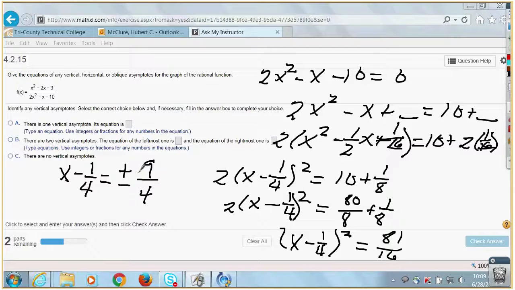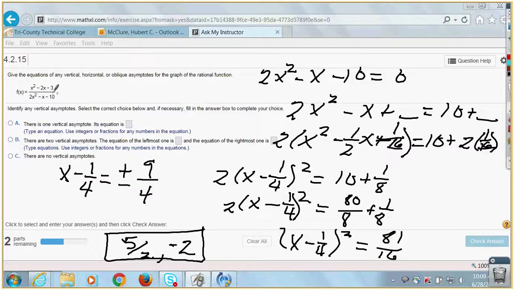Positive 9 plus 1 is 10, and 10 over 4 is 5/2. That's one x-intercept. And then negative 9 plus 1 is negative 8, and negative 8 divided by 4 is negative 2. And there's your two x-intercepts, I'm sorry, your vertical asymptotes.